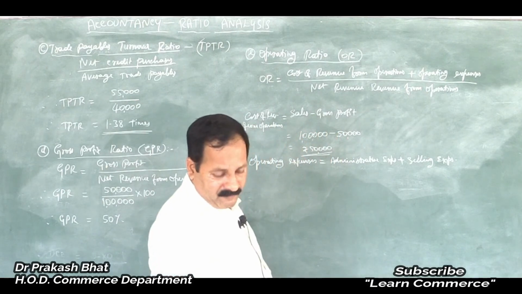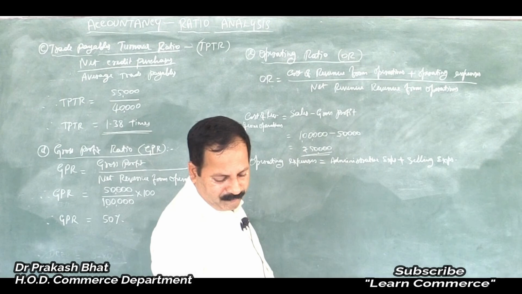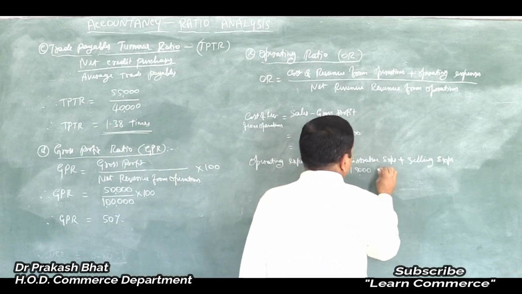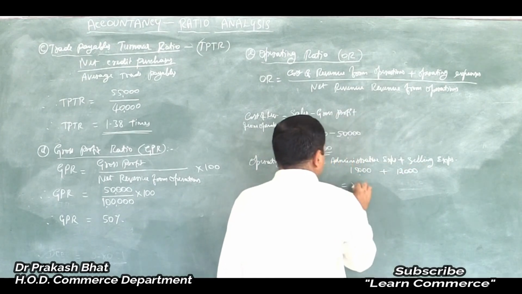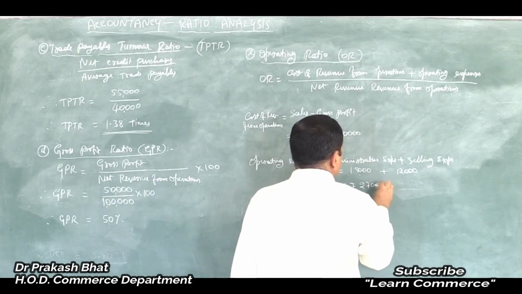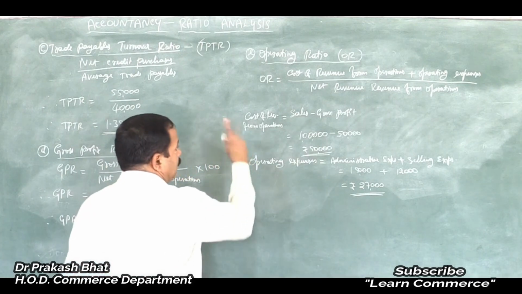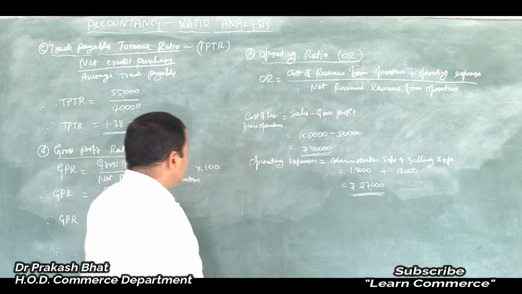So it will be how much? Administrative expenses 15 plus 12 is equal to rupees 27,000. 27,000, right? Yes. Now let us calculate. Everything is ready. Masala is ready. Let us cook now, right?